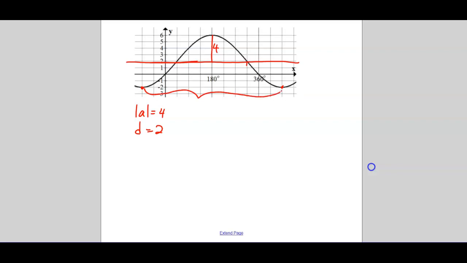So 180 divided by 4 is 45 degrees. So this is 2 grid units to the left, 2 to the right. So we've got 360 plus another 180. So the period is 540. This one is incorrect on the answer key, just so you know. So B is 360 divided by 540, which is 2/3.